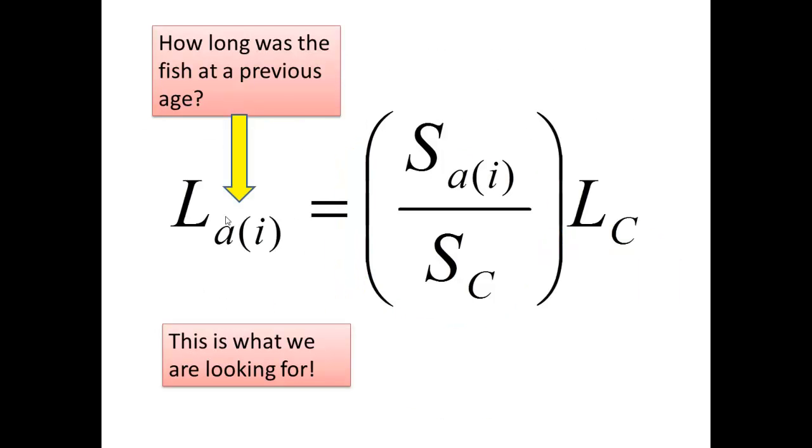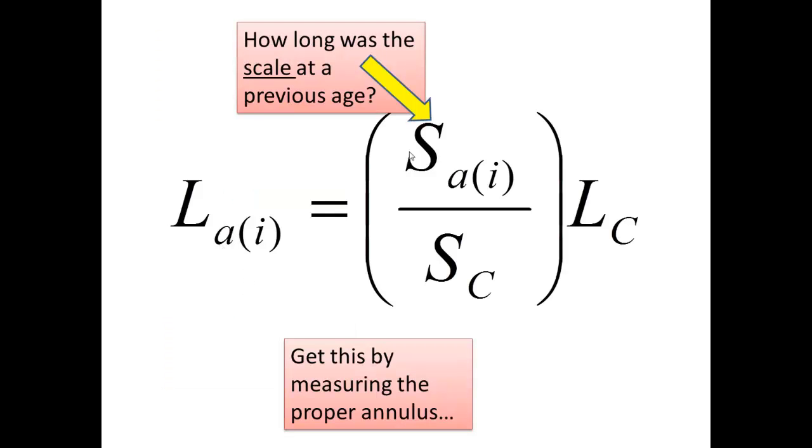And again, L sub Ai is how long was the fish at a previous age. That's what we're looking for. That's what we're going to solve for. S sub Ai was how long was the scale at that previous age. Now I'm saying scale here.